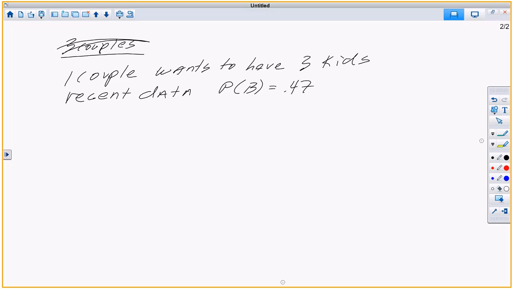Okay? Construct a probability distribution. All right, so do that.